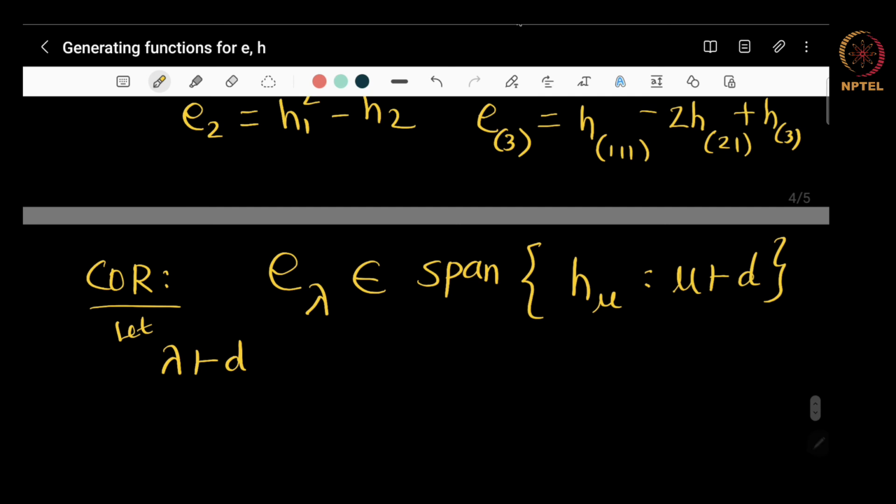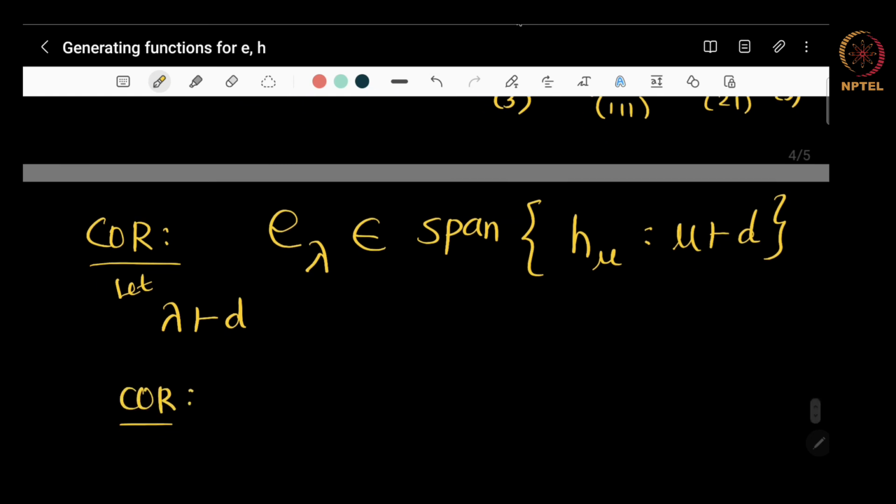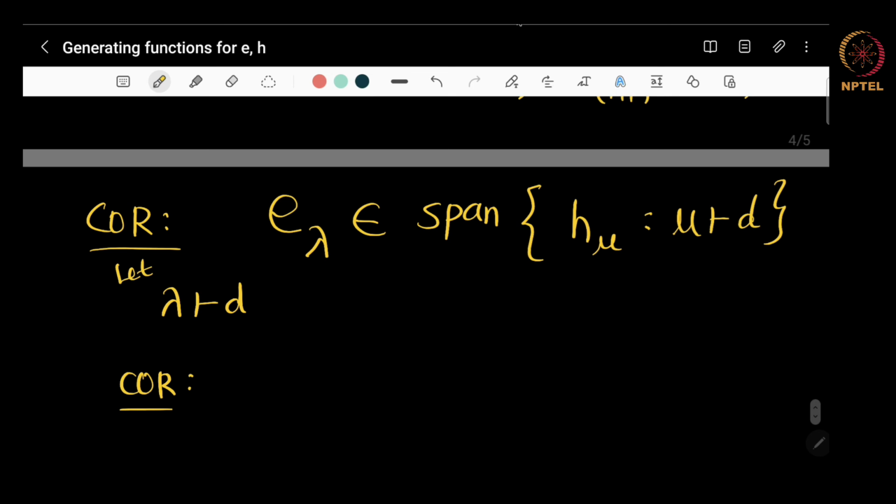We already knew that the e_lambdas were a basis. So, corollary: since the e_lambdas are a basis, and each of them can be written as a linear combination of the h_mu's, and the numbers are the same (the number of e_lambdas is the number of partitions of d, and the number of h_mu's on the right side is also the number of partitions of d), what this means is that the h_mu's, mu a partition of d, also form a basis.